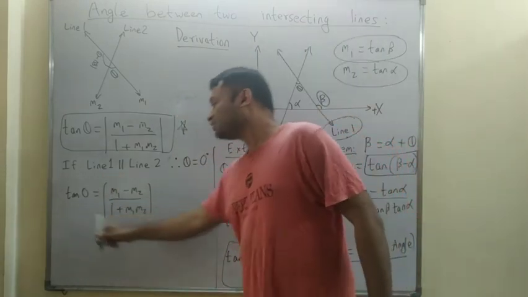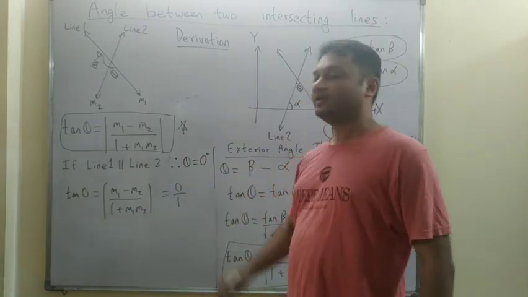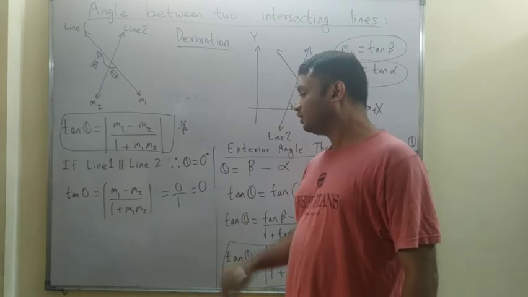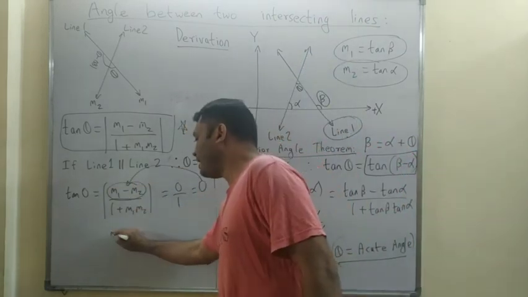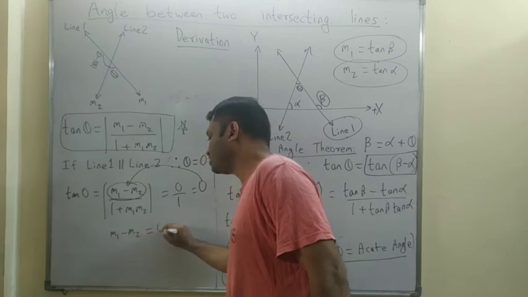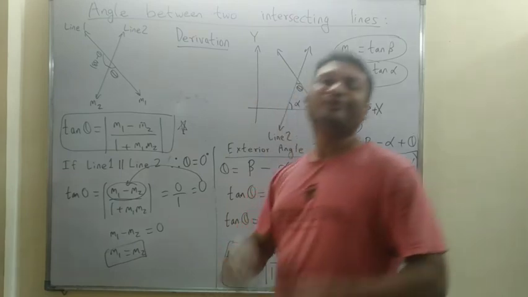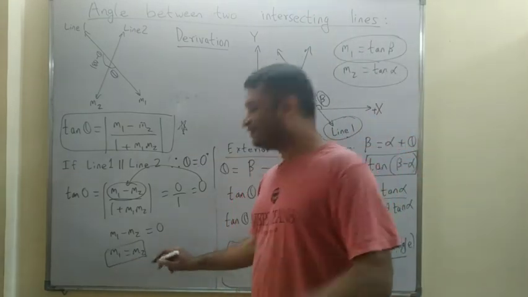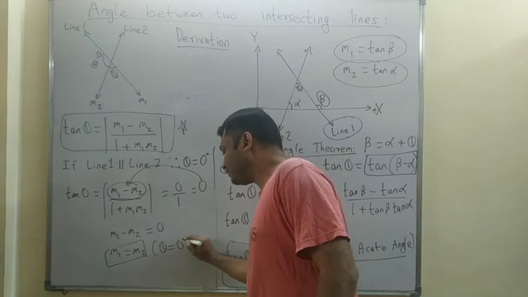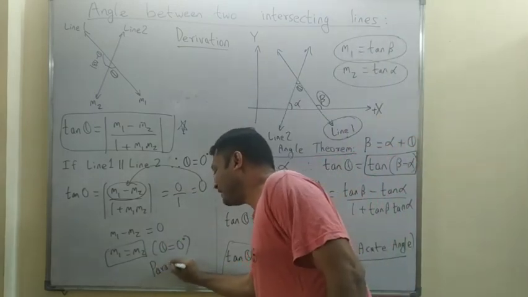Now tan 0 is sin 0, which is 0, upon cos 0, which is 1, so it is 0. So the numerator will be 0. So m1 minus m2 is 0, which gives m1 is equal to m2. So if the slopes of two lines are equal, then the angle between the two lines is 0 degrees and the two lines are parallel.